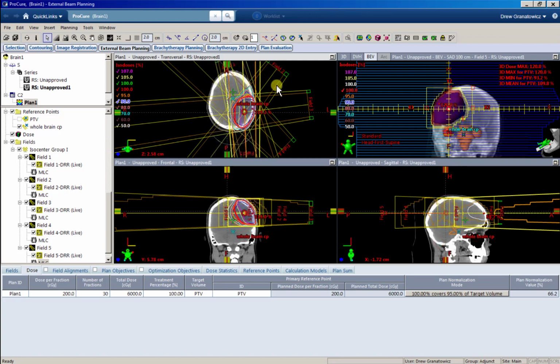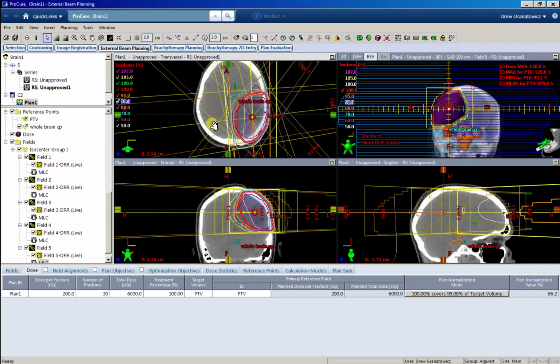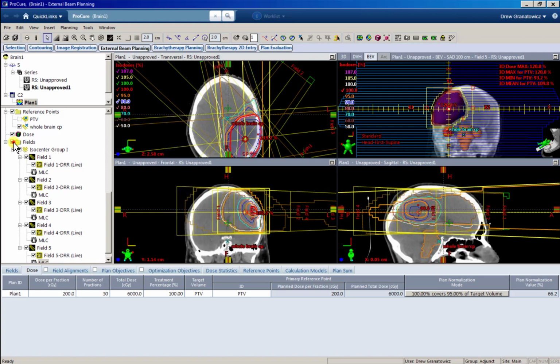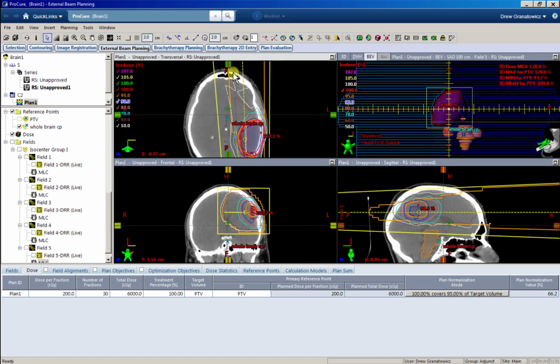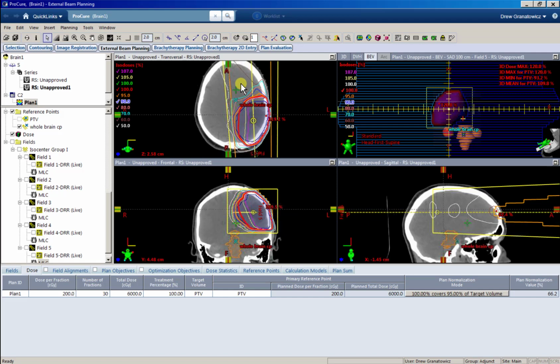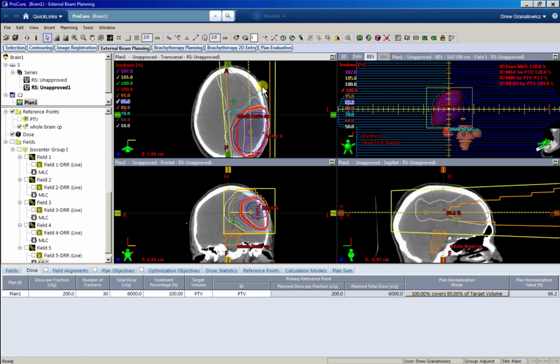If we do a coplanar beam arrangement and look at our 50% line, even our 50 and 60% lines, you can see it extends all the way to the front of the brain. We're definitely treating a large percentage of the brain with that 50% volume. So just take a mental picture of that, and we're going to see if we can do a little bit better job.